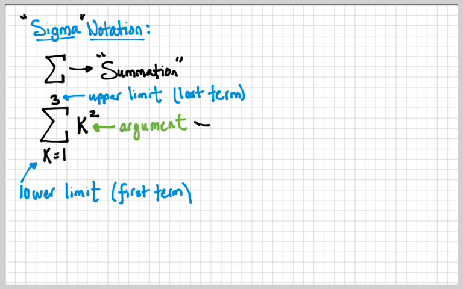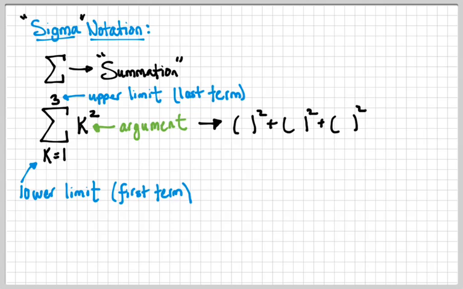If we wanted to expand this out, this is what it would look like. We'd take our first term, which is 1, and we're going to 3, so we have a total of 3 terms, and we're going to use each k as our term number, and we'll substitute them in for k squared. So I'm going to write it out like this: blank squared plus blank squared plus blank squared.